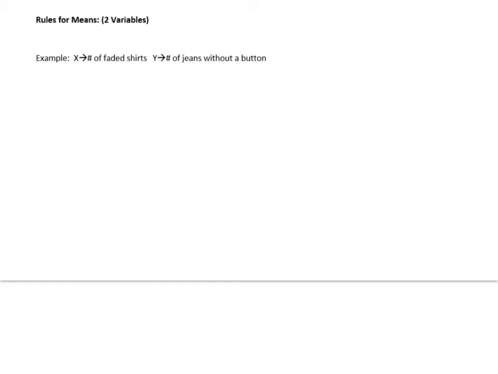So just for the sake of this example, let's say that we know on average the company produces 42 faded shirts per run, and they produce on average only 87 jeans without buttons. That's a lot of buttonless jeans, but then again, no one really questions the content of a math example. So mu sub x is 42 and mu sub y is 87.